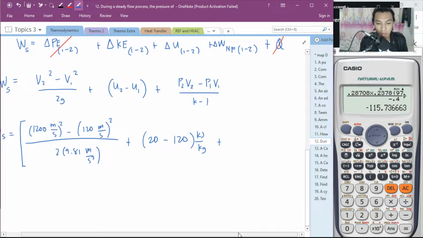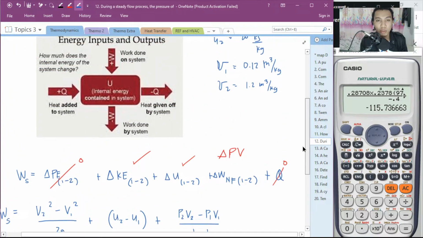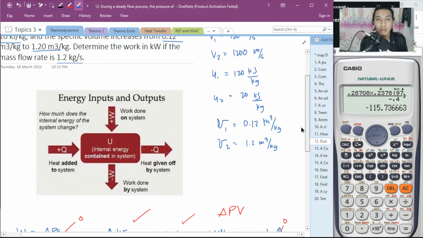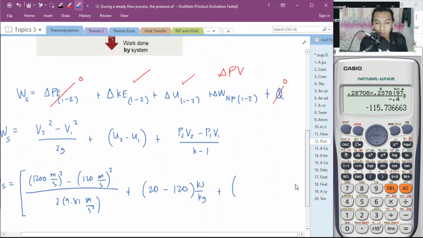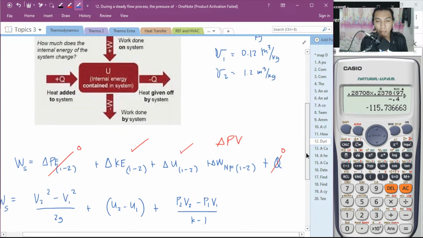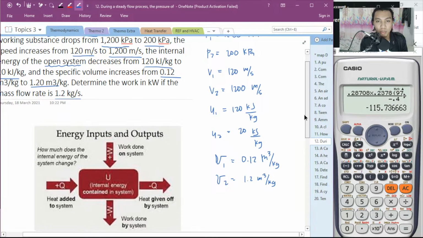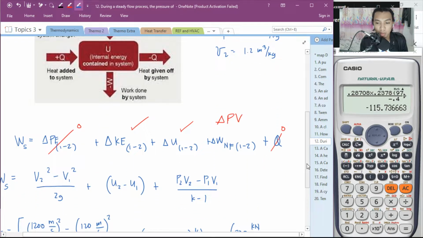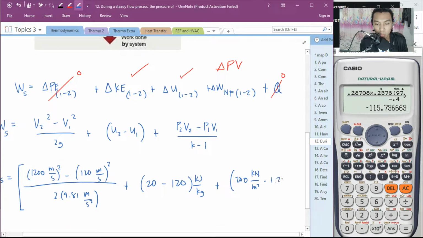Plus, the P2V2. Here, P2 is 200 kilonewton per meter squared multiplied by the specific volume, 1.2 cubic meter per kilogram.